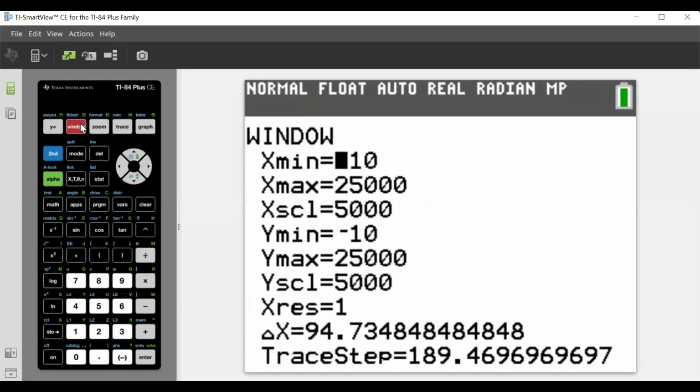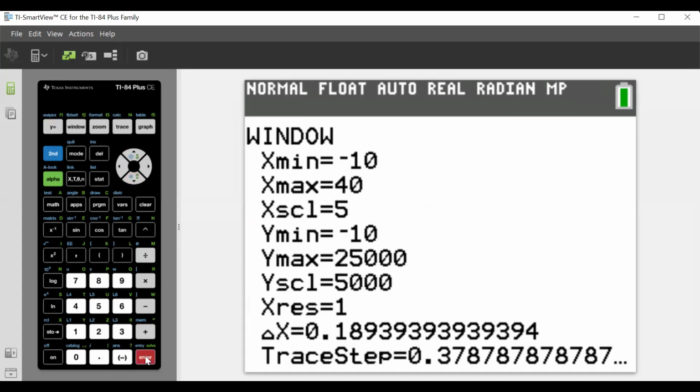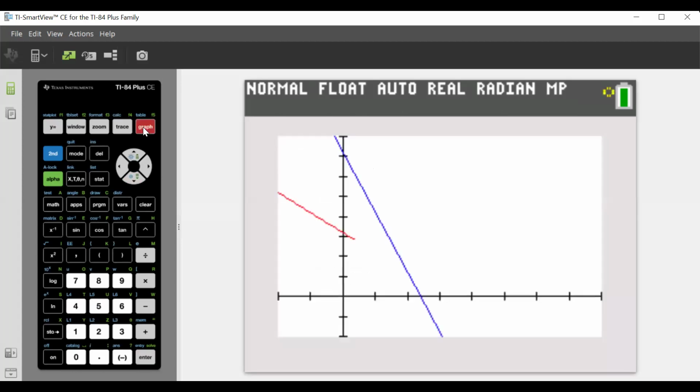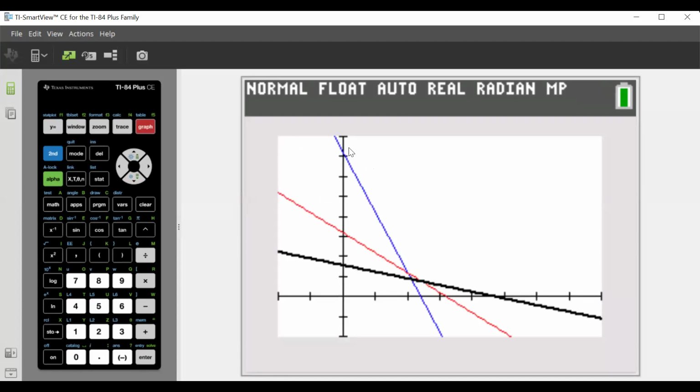Now we probably don't need such huge windows, so let's make that 40 and 5, and that one 40 as well, and 5. See what that gives us. All right, so that works. It's coming down here, over here, and down here, and over here. So we want this area out here.